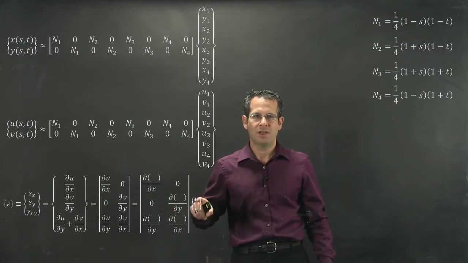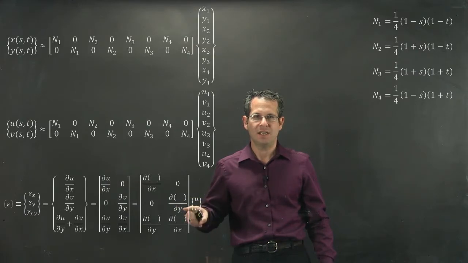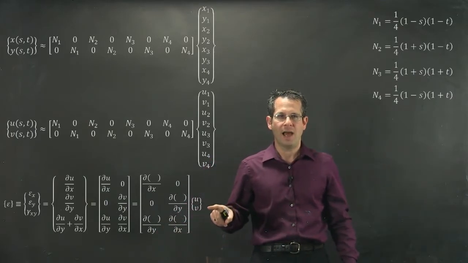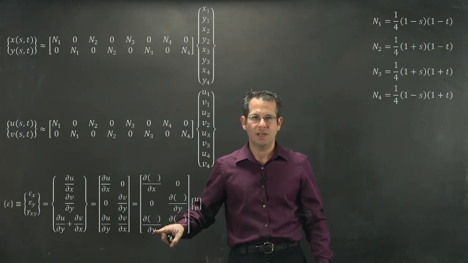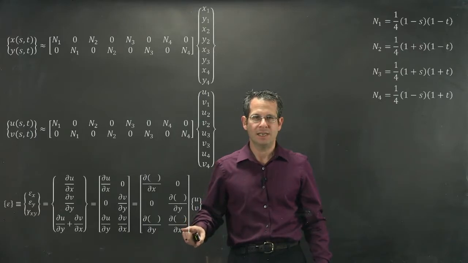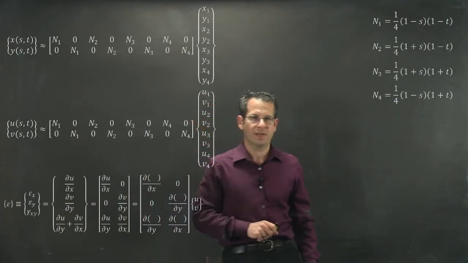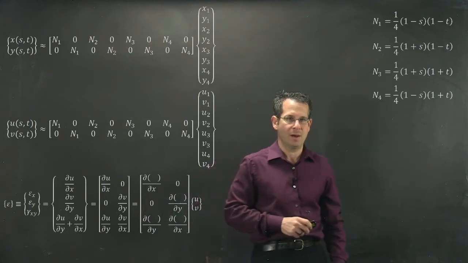Here I'll have u operated on by 0, so 0 times u, plus dv/dy, recovering what I have in this vector. On the last row, I have du/dy plus, by the rules of linear algebra, dv/dx, recovering my definition of shear strain.